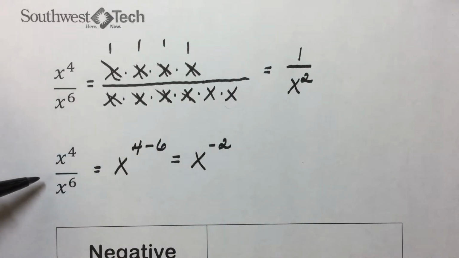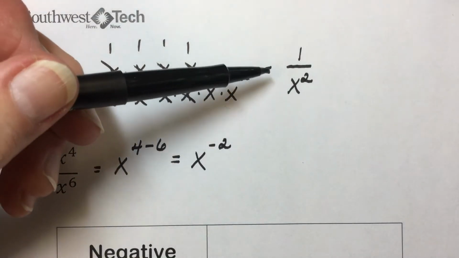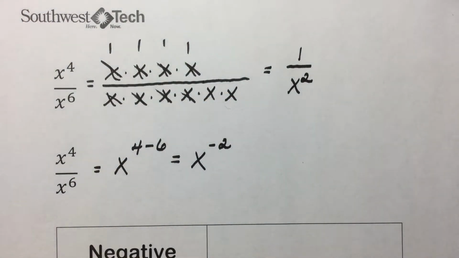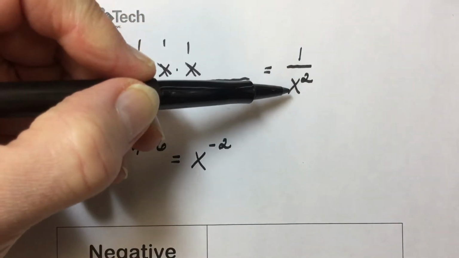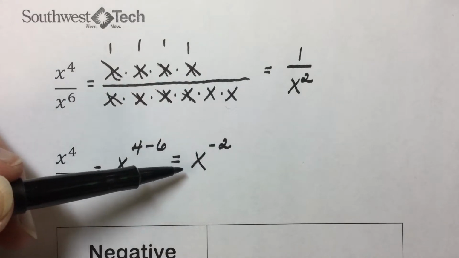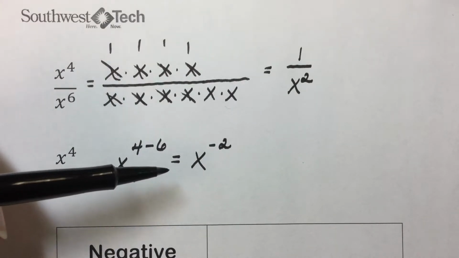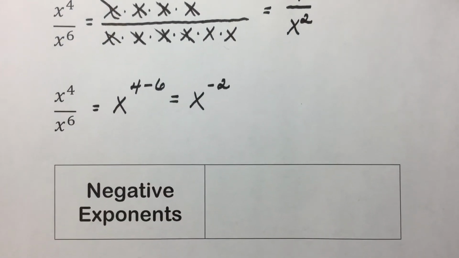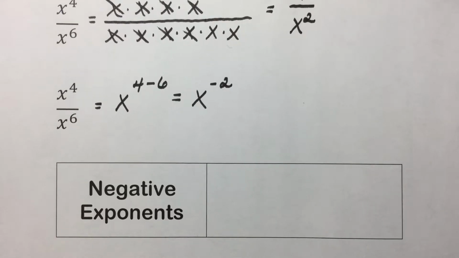Both of these were the same problem, giving us different versions of an equivalent answer. 1 over x to the second is the same as what we ended up with here. We can conclude that these are equivalent expressions, which leads us to the form of negative exponents.